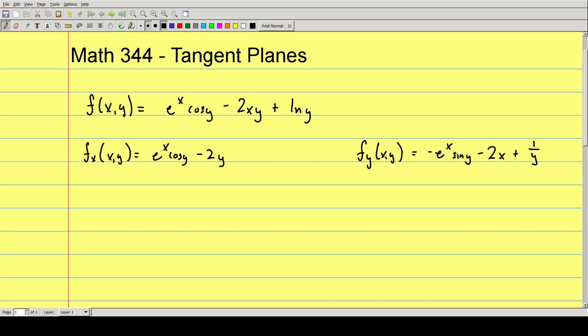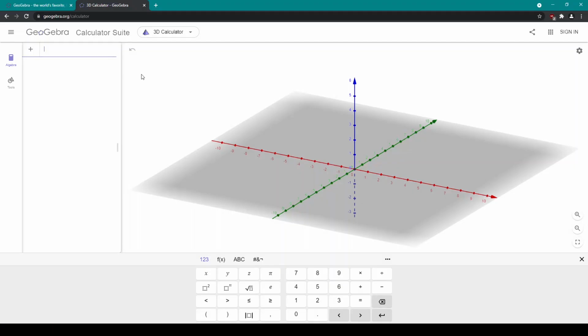I'm trying to, it's not letting me do the 3D calculator for some reason. There we go. Goodness. All right, sorry about that.